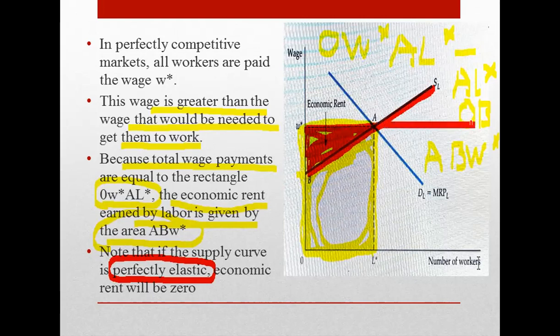A perfectly elastic supply curve will be parallel to the horizontal axis. If the supply curve turns in this direction, you can see that the entire economic rent will be wiped out. Economic rent will become zero. So the conclusion is that if the supply curve is perfectly elastic, then the economic rent will be zero.